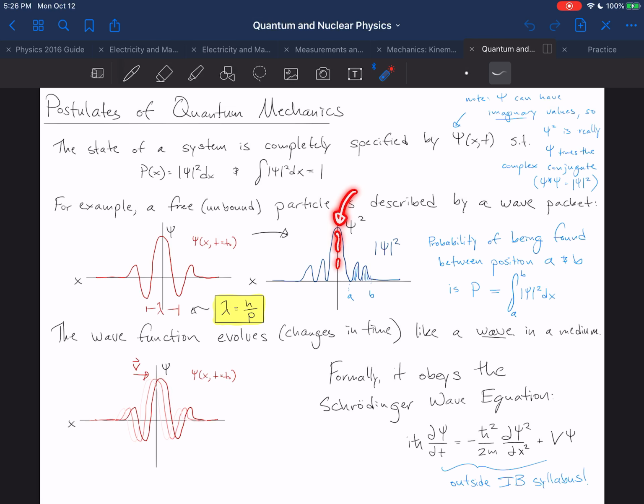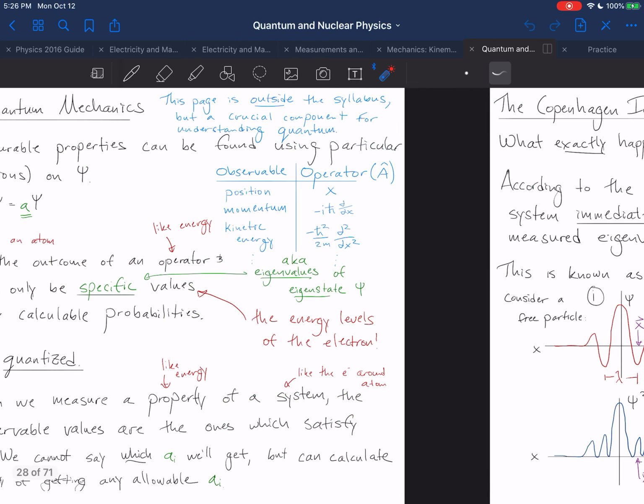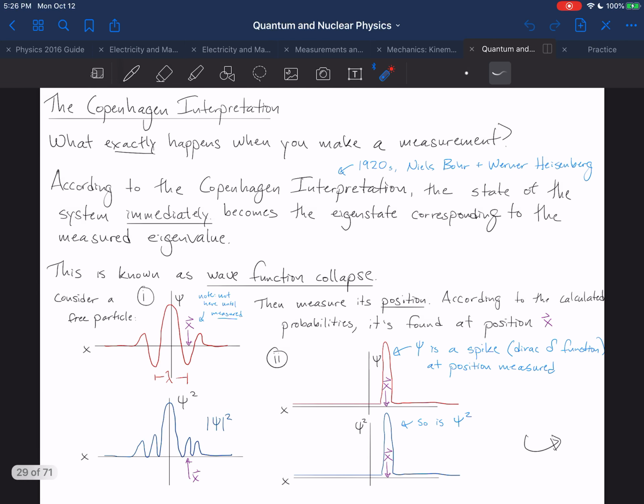You know exactly where it is, and so the probability of finding it there a split second later, for sufficiently small amounts of time, has to be exactly equal to 1. This process is known as wave function collapse.